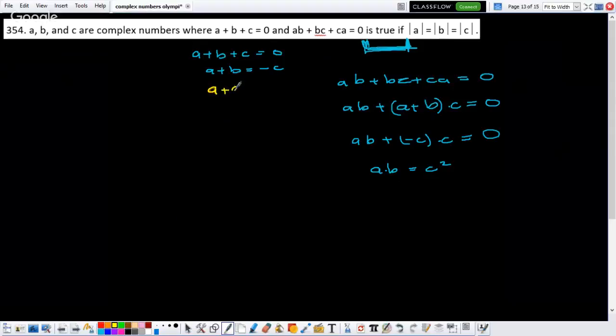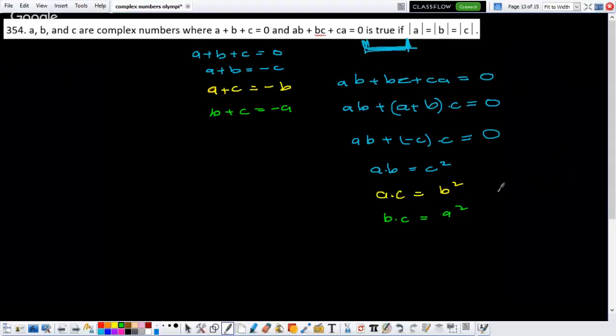A plus C is equal to minus B. Then A times C, I'll find that it is B squared. Or if I do this one, this time we don't have A, B plus C is equal to minus A, then I'll find that B times C is equal to A squared.